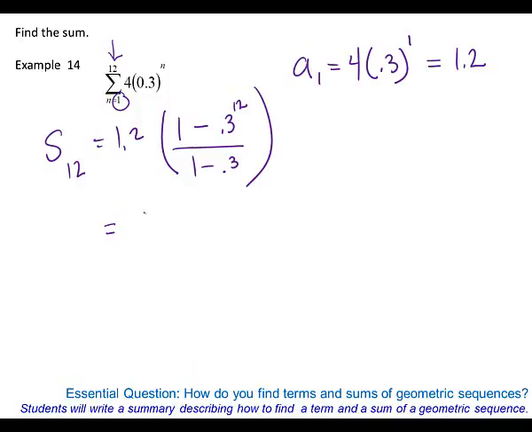All right, what are we getting? Everybody okay with 1.714? Yeah.